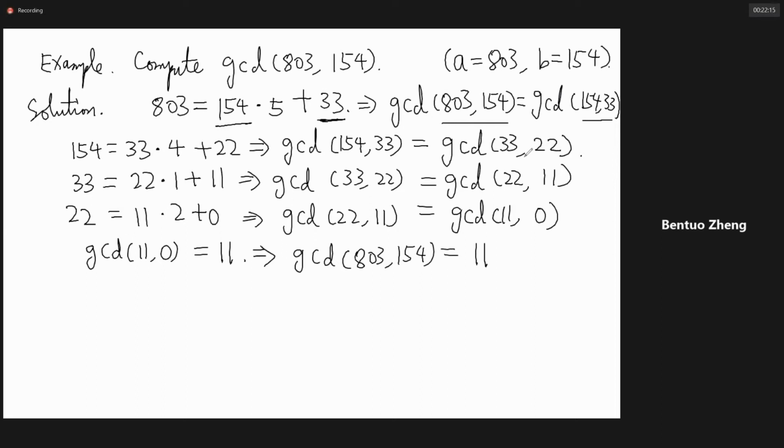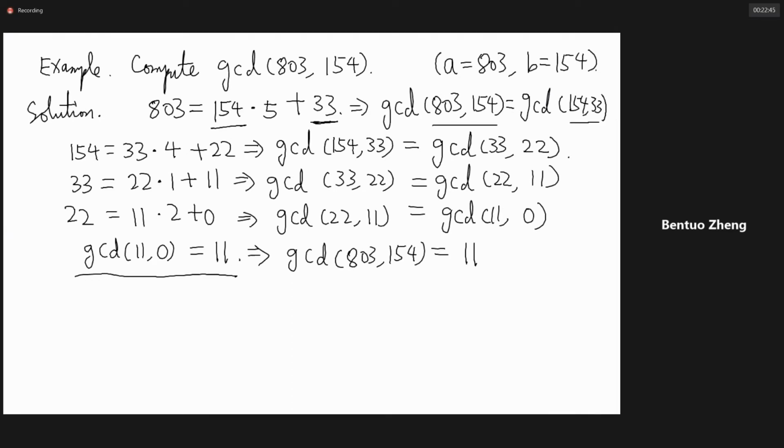Each time you reduce the larger number to the remainder, and you keep using the lemma, reducing one more time to the remainder. Eventually, you reach this step: one number is positive, the other is 0. Once you reduce it to this situation, then you are done.